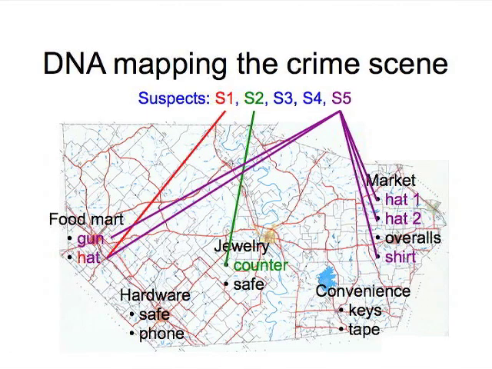Another way is to draw a picture, which we did for this conference presentation. And what you can see are lines connecting the different crime scenes with the different people. You see, for example, that the hat at the food market is a mixture of suspect 1 and suspect 5, which gives you more probative information that these 2 individuals were located at the crime scene.